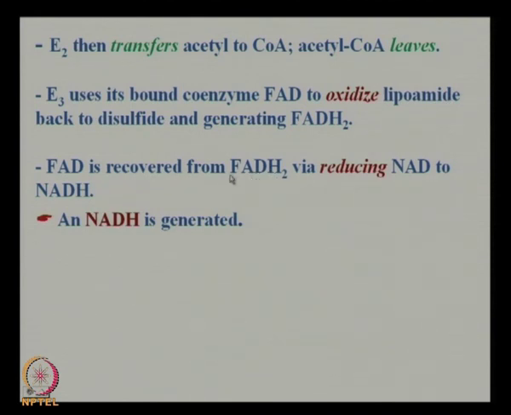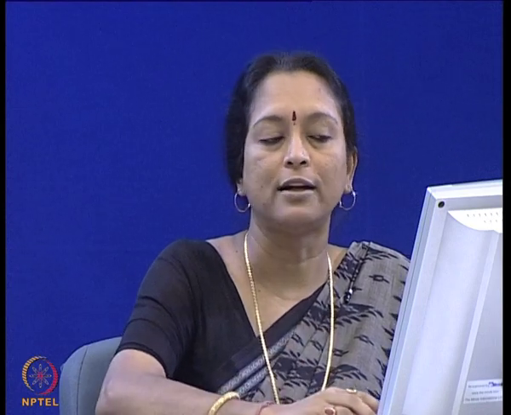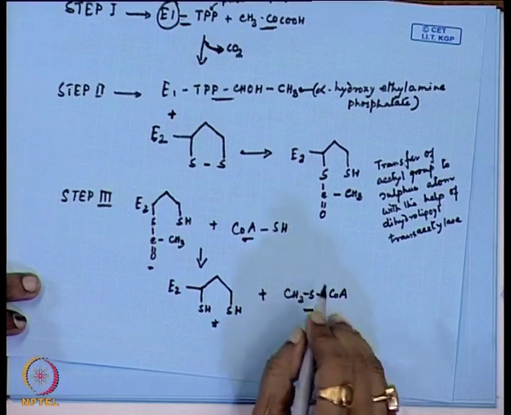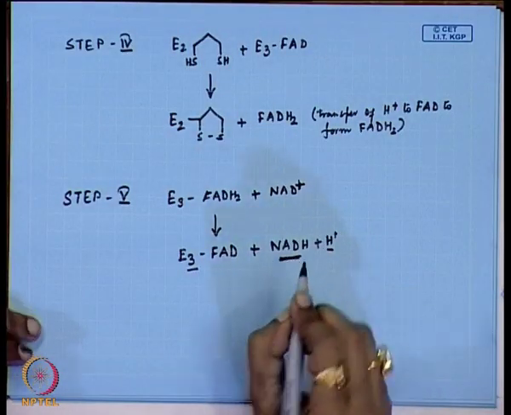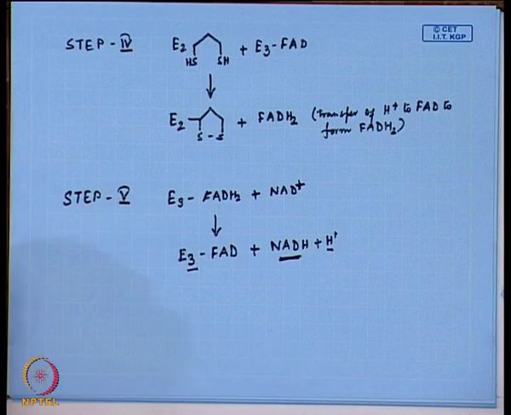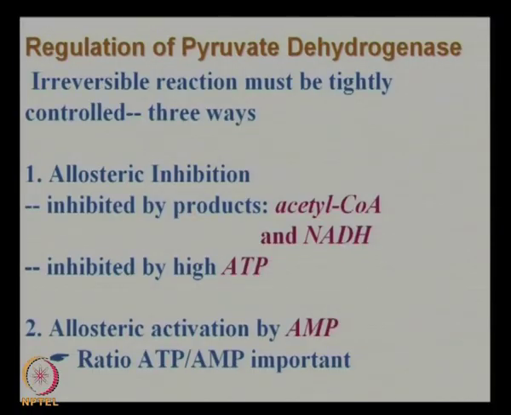FAD is recovered from FADH2 by reducing NAD to NADH, and NADH is generated as a byproduct with the completion of the reaction. That means here coenzyme A is produced, and we have seen that NADH is also produced after the completion of this particular cycle.